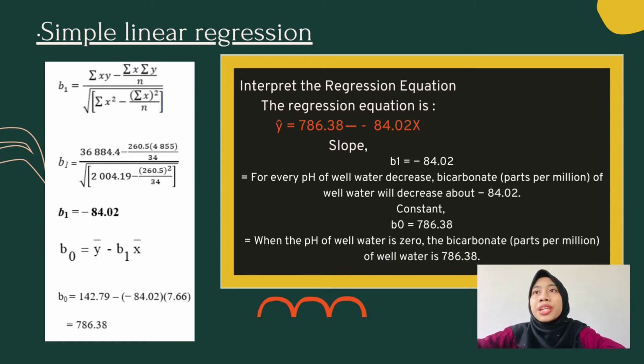For every increase in pH of well water, bicarbonate of well water will decrease by about 84.02. For B0 equals 786.3. When the pH of well water is 0, the bicarbonate of well water is 786.3.